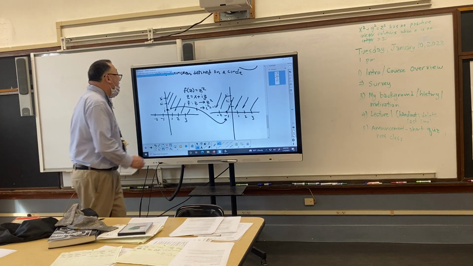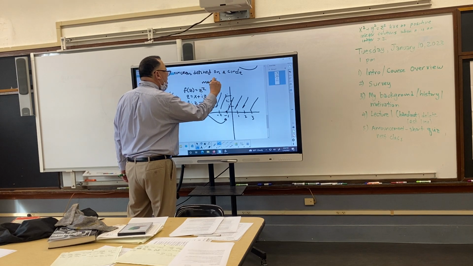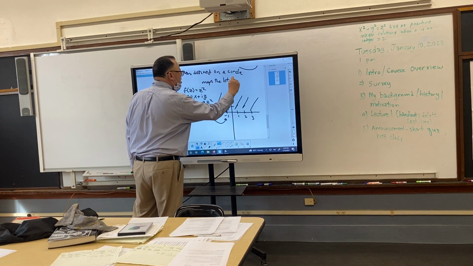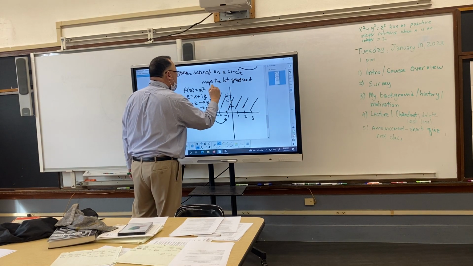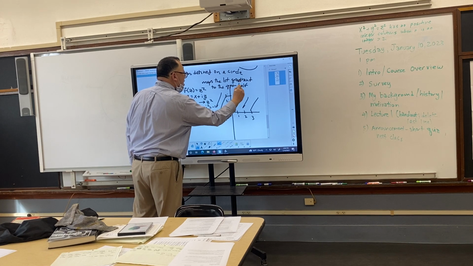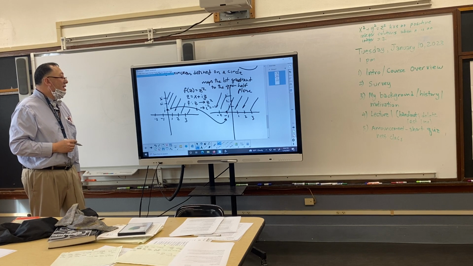So f of z is equal to z squared maps the first quadrant to the upper half plane.